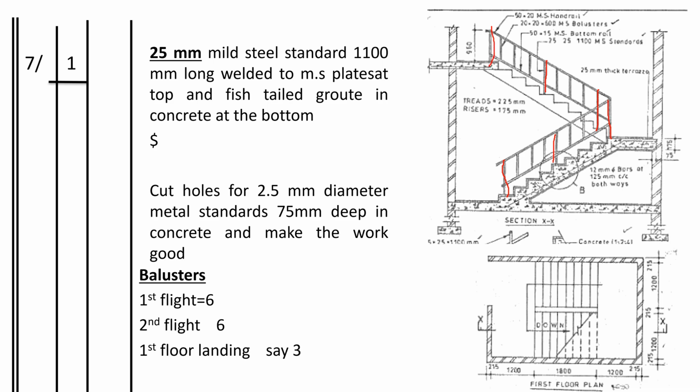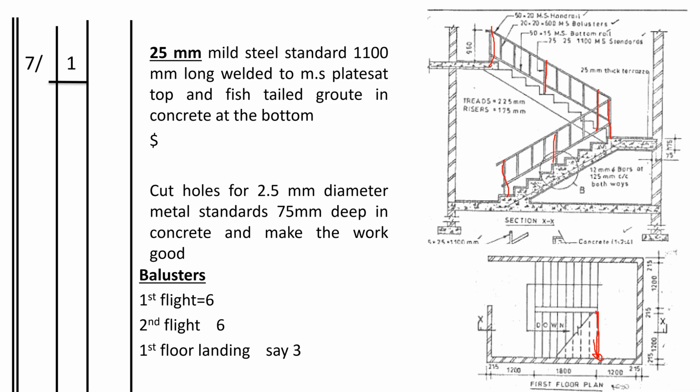But you can make an assumption that on the first floor, after we are done with the landing, for example, if you are going down here, before you start going down, there shall be a handrail and there shall be a standard. So we assume here there is a standard.